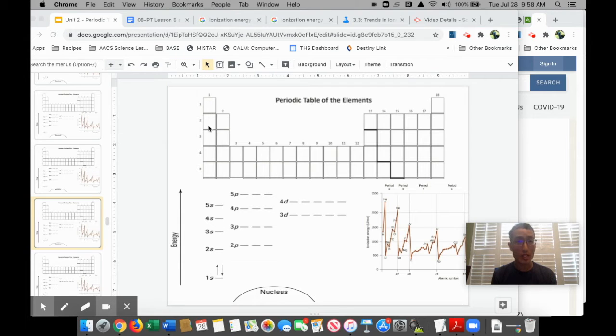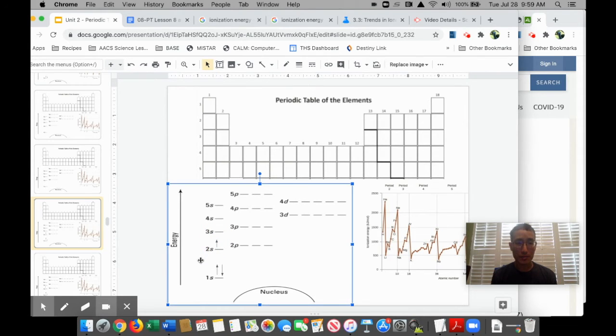And so some element like lithium is right here. If I have lithium, that's going to be another electron in the 2s orbital. So it's 2s, like that. But then I look at the next element, beryllium.